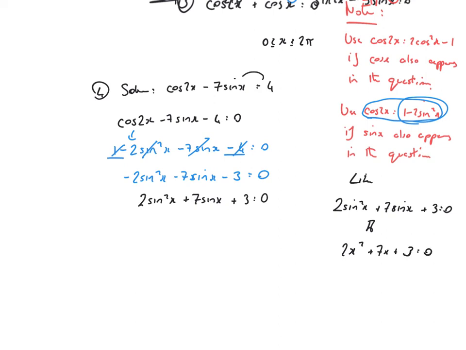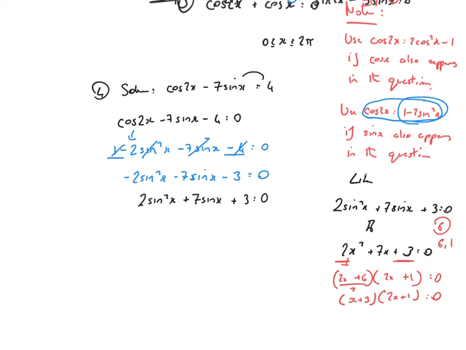Okay, let's do a wee bit of National 5 solving of quadratic equations here. 2 times 3 is 6. Two numbers that multiply to give 6 and add together to give 7, that's 6 and 1. Drop the 6x in the first bracket and the x in the second bracket. The first bracket I can take out a common factor of 2, which brings me down to x plus 3.